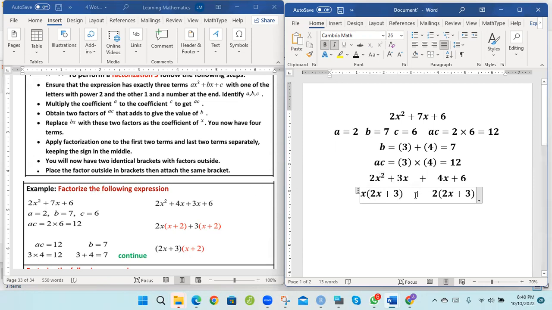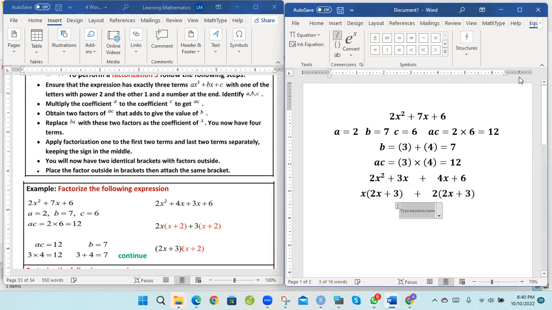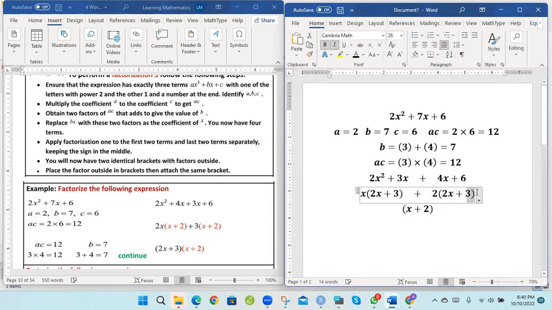So this x and this 2, we're going to place them in a bracket. You can see the reverse of expansion happening. You can see 2x plus 3 appearing twice. So the x and the plus 2 come in a bracket, x plus 2, and we take one of the 2x plus 3 brackets and place them side by side here, and here you have it.